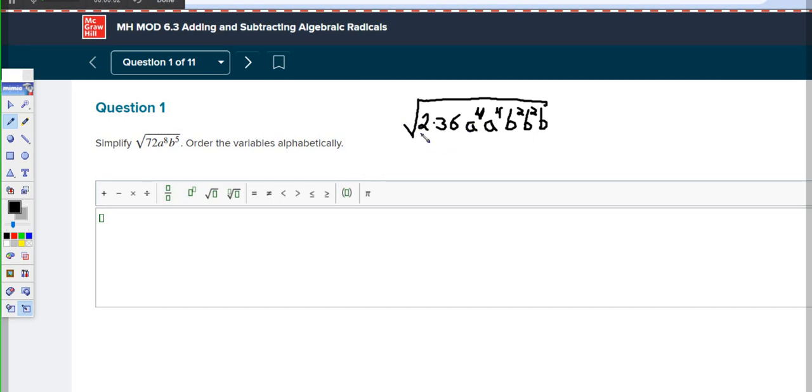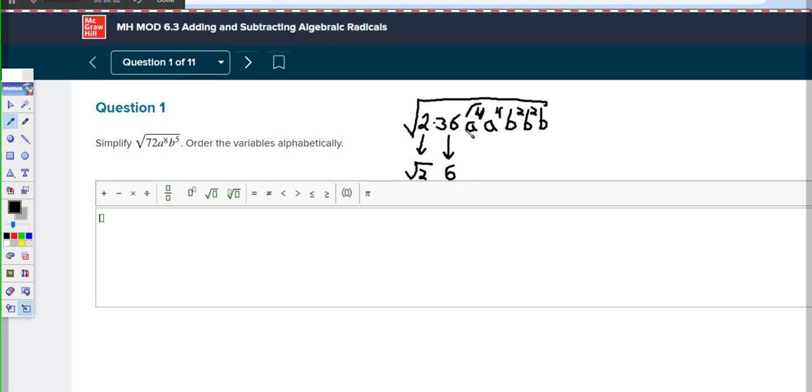Now, I'm just going to go down the line, and if it's a pair or perfect square, I can take it outside the square root. So 2, not a perfect square, and not paired up with anything, so it stays underneath the radical there. 36, I know the square root of 36 is 6. That's a perfect square.